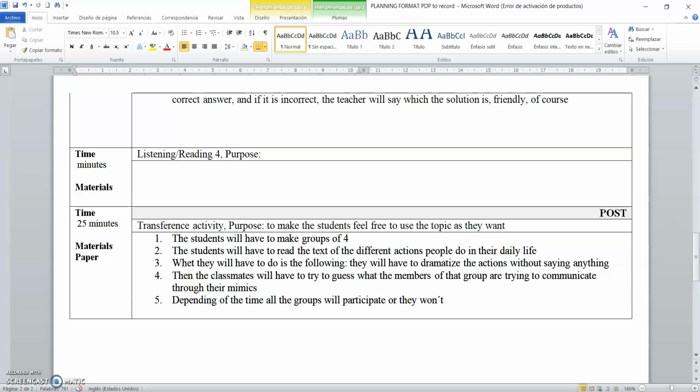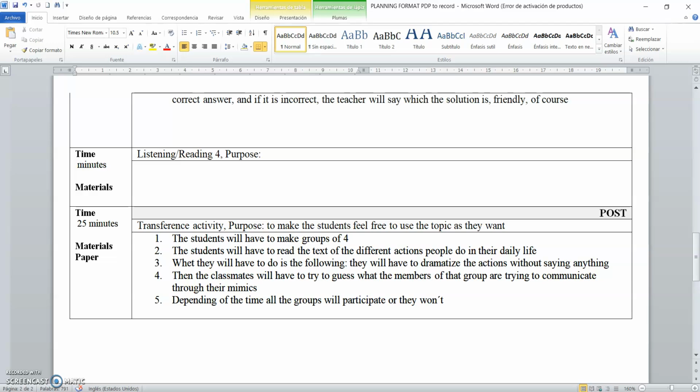So, the last activity, or the last stage, post. Okay, the time, 25 minutes. And the materials, just paper. Okay, the purpose of the activity, to make the students feel free to use the topic as they want. So, over here, what I said has been verified, if I can call it like that.